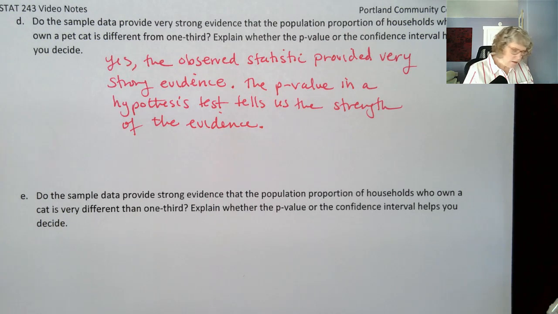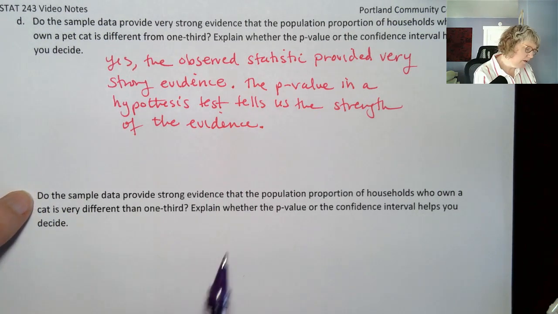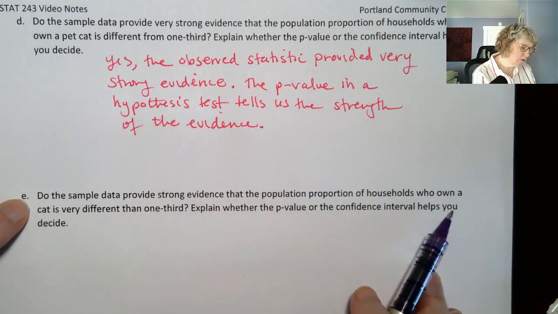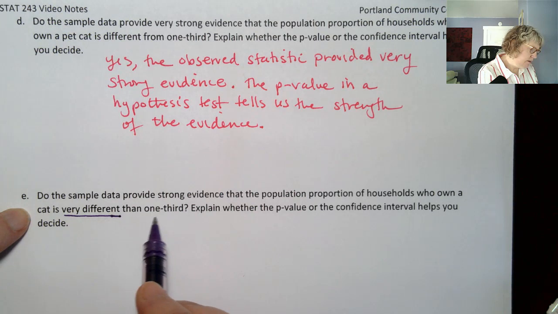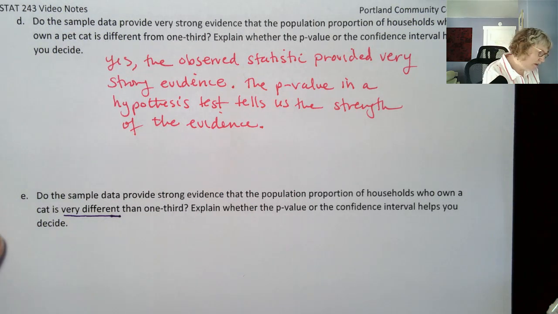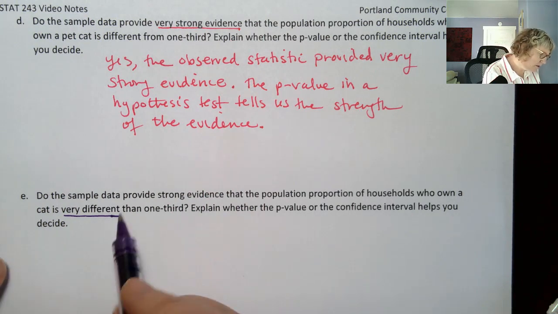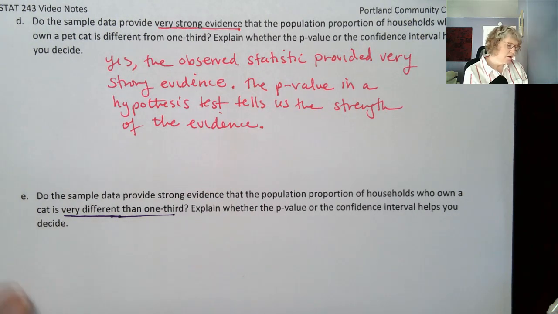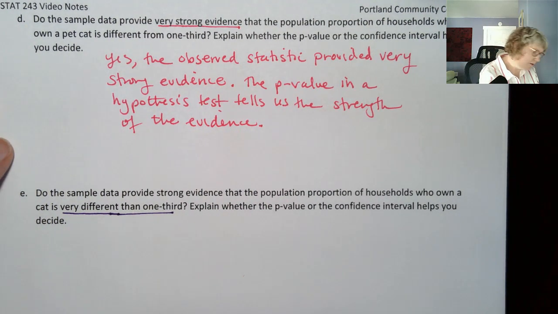And then next question, do the sample data provide strong evidence that the population proportion of households who own a cat is very different than 1/3? So first we're saying very strong evidence. Now we're saying very different from 1/3. Explain whether the p-value or the confidence interval helps you decide. Okay, so again, I'm going to say yes.